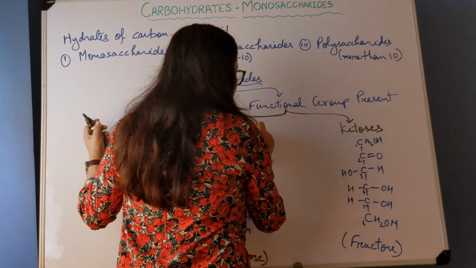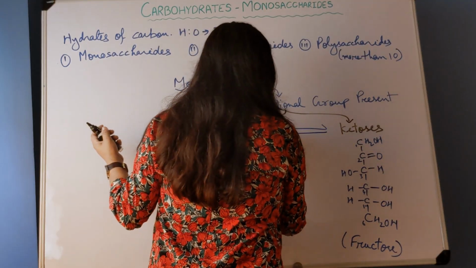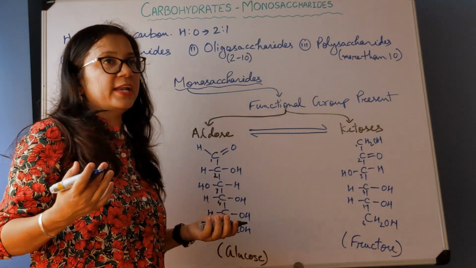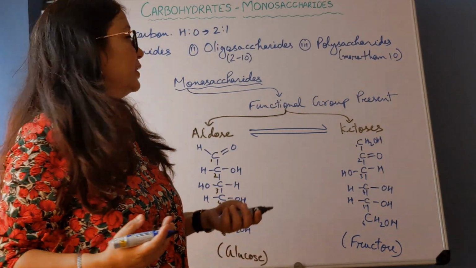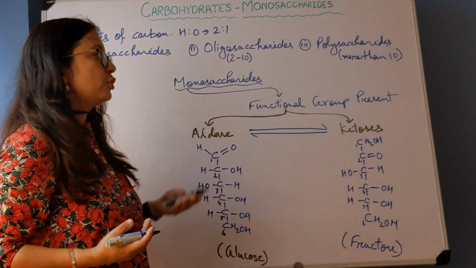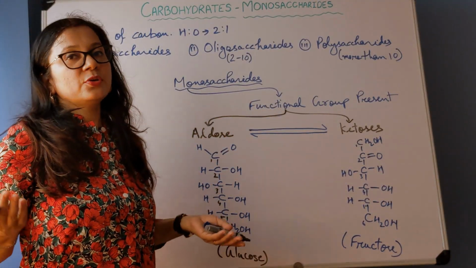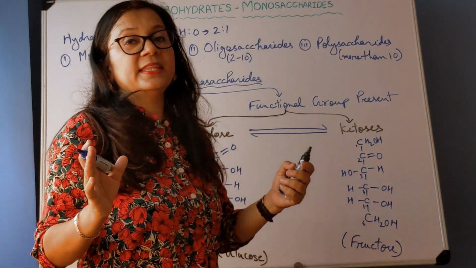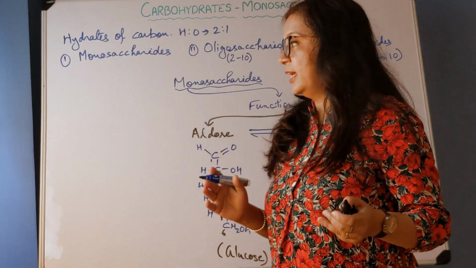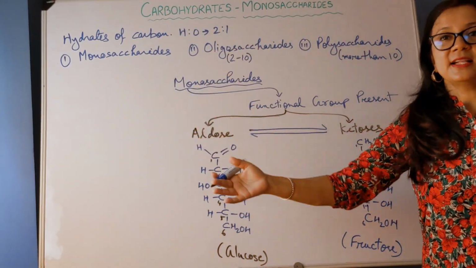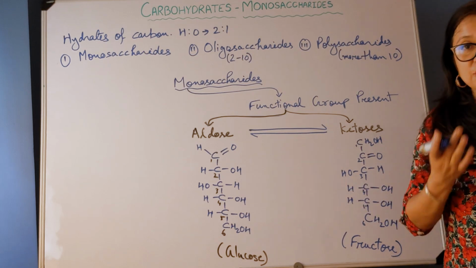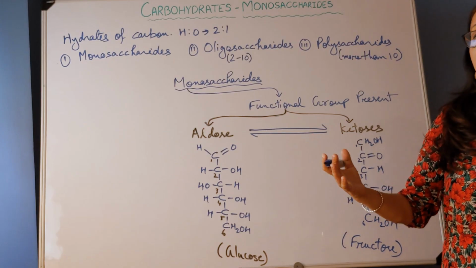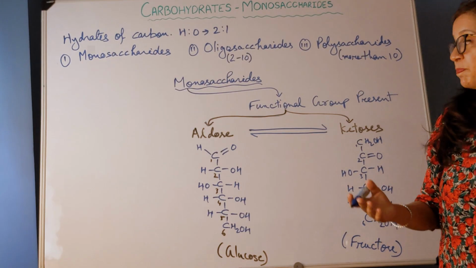Now an interesting point is that aldose and ketose sugars are interconvertible, and the process is called tautomerization. Aldoses can tautomerize to form ketoses, or ketoses can tautomerize to form aldoses. Both of them are reducing sugars. That is, they can be oxidized in the presence of Benedict's solution or in Fehling's test, changing the color from blue to red.